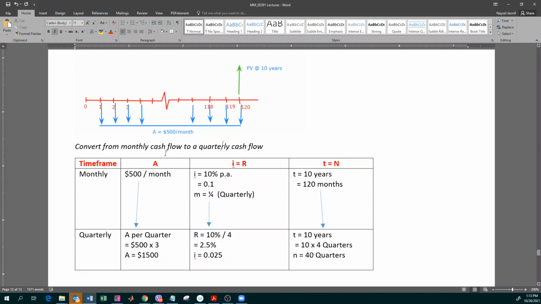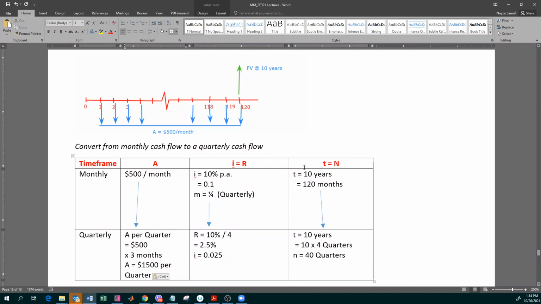So the $500 annuity per month, which is the deposits per month, becomes per quarter. So you've got to convert it per quarter. Because 1 quarter is 3 months, we now get $500 times 3 months, which equals $1,500 per quarter.